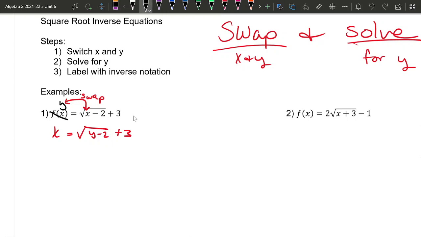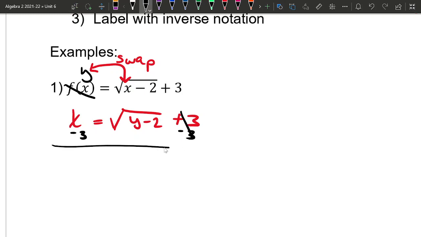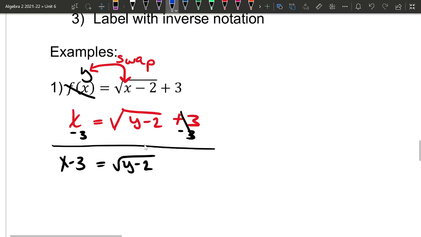To solve for y, I start with subtracting 3. So x minus 3 equals the square root of y minus 2. I want to get rid of the square root. So to do that, I am going to square it. If I do it on the right, I have to do it on the left.